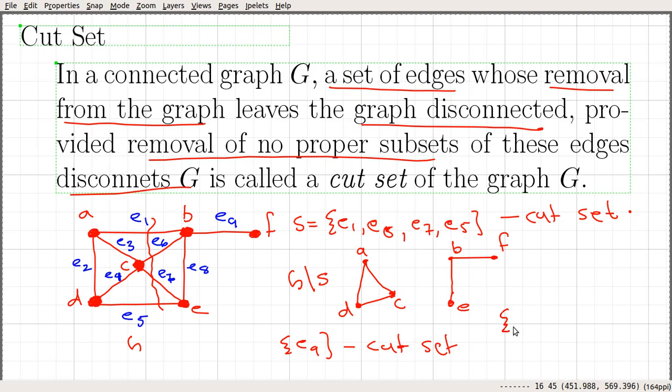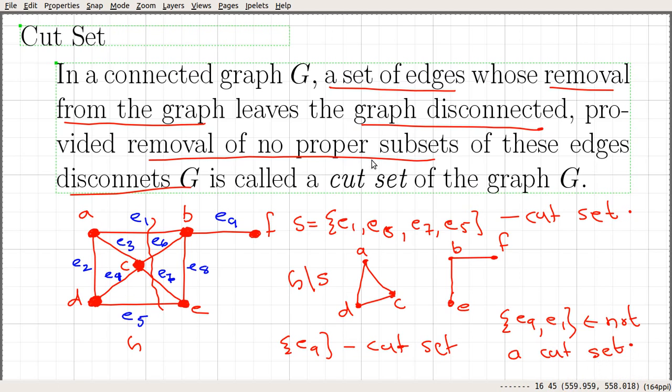Whereas if you look at E9, E1 and delete these two edges, the graph becomes disconnected, but here we can find a proper subset, in this case E9. If we delete E9, the graph will become disconnected. So removal of no proper subset of these edges disconnects G is violated, and this set is not a cut set.